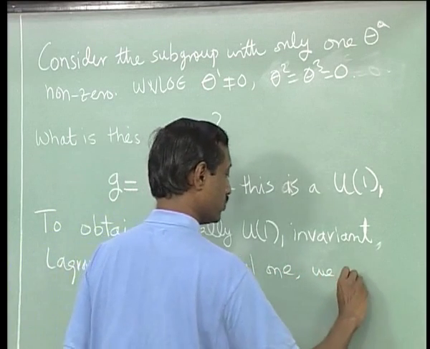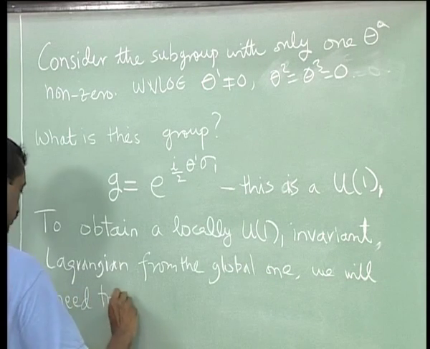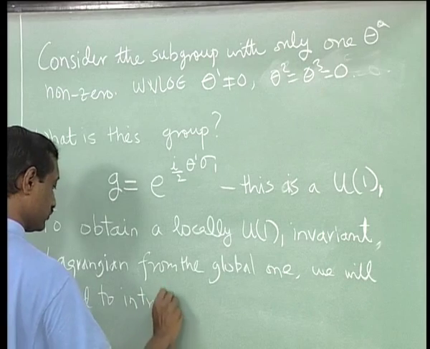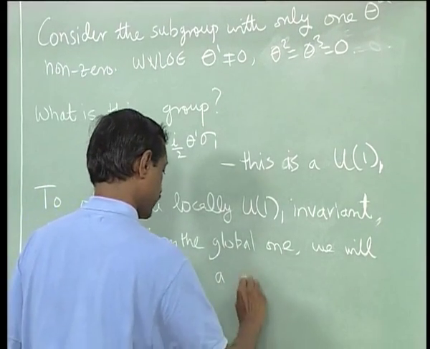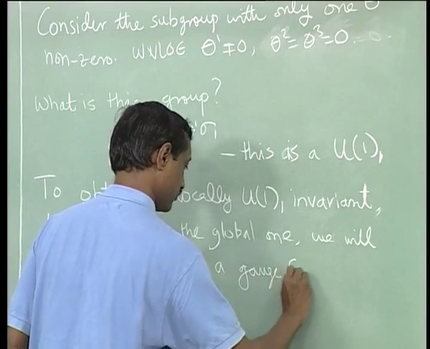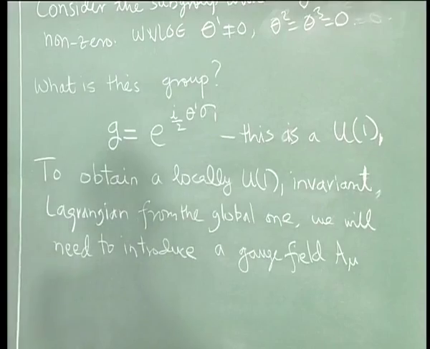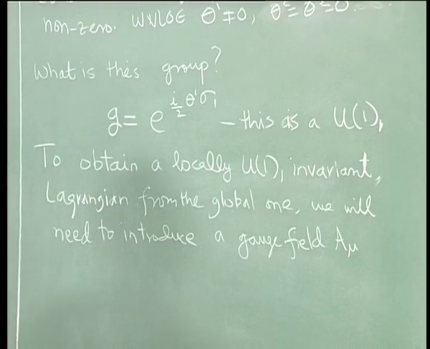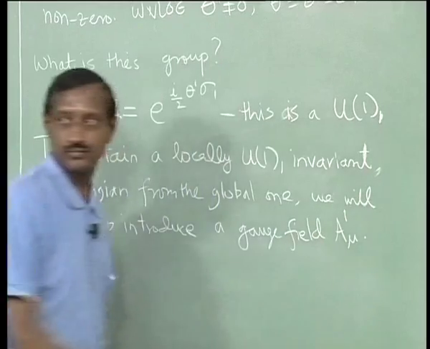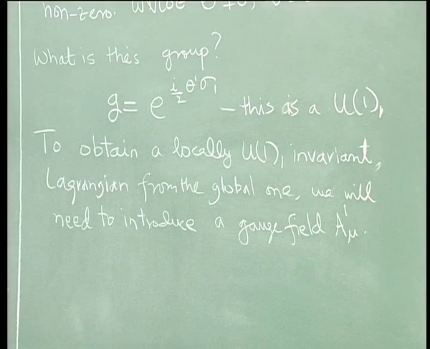We will need to introduce a gauge field or a vector field, which we will call A mu 1. The 1 is to remind us that this has to do with theta 1.